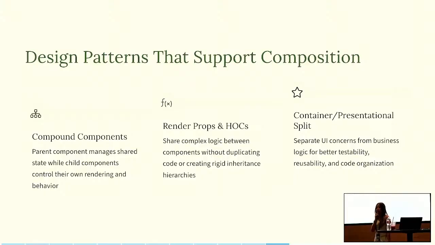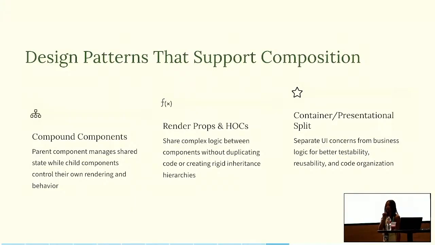So compound components, if you remember the example from before, you have a parent component that manages the shared state for child components. With the button example, the button root is the parent component, and then the button dot icon is the child component. And again, you want each component to have one thing that they do well, and control their own behavior.